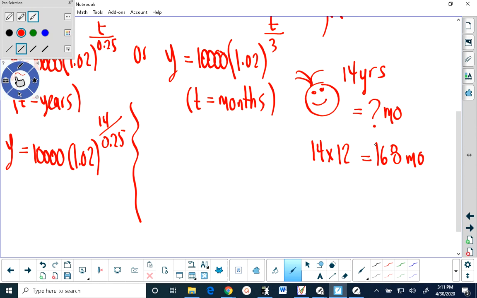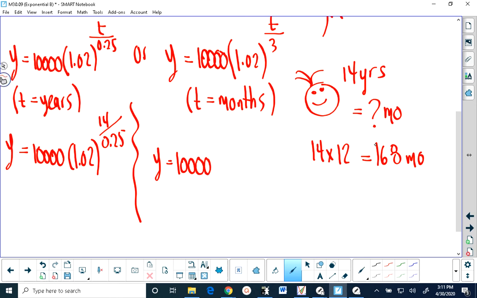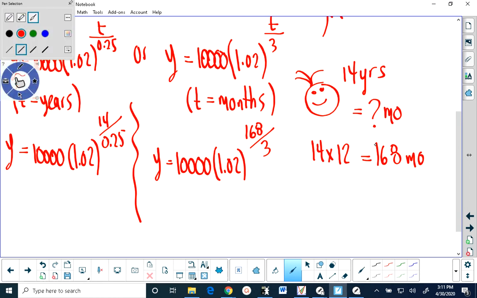Which means if you use the equation on the right, Elaine's investment will be worth 10,000 multiplied by 1.02 raised to the 168 over 3. And what I would like you to do is grab your calculator right now and figure out what 14 divided by 0.25 is, and then figure out what 168 divided by 3 is.